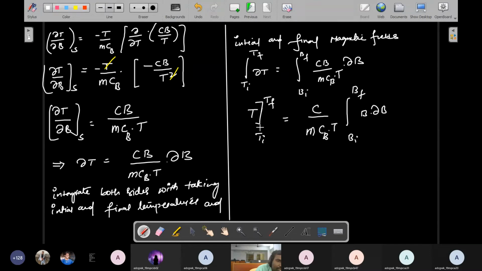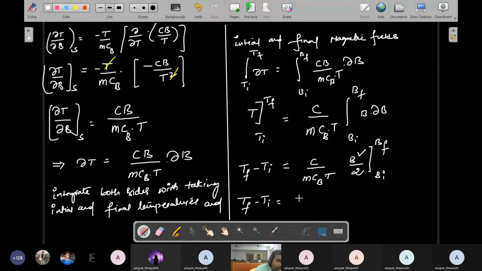So simply substitute the integration limits. The final temperature minus initial temperature is equal to C by m C_B T into B square by 2, because the integral of x dx is x square by 2, like B square by 2, between limits Bi and Bf. So Tf minus Ti is equal to C divided by 2 m C_B T, where B square is nothing but Bf square minus Bi square.